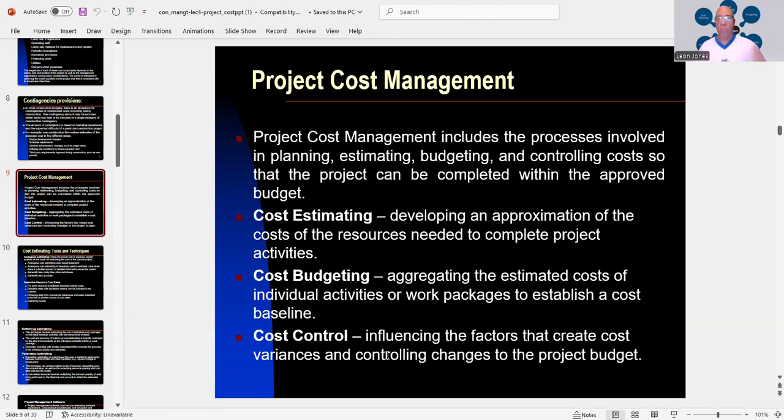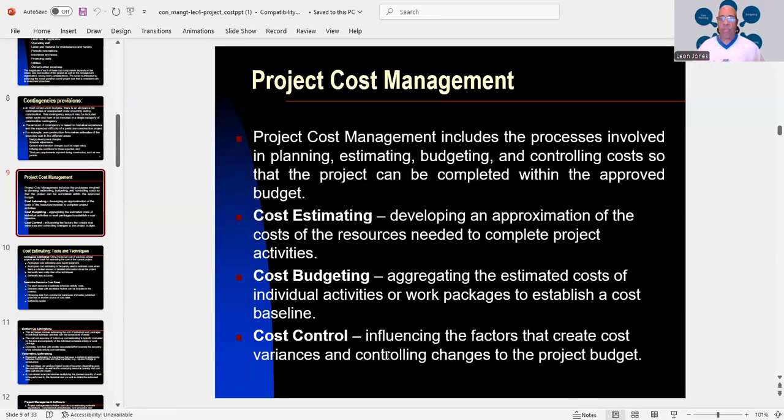And we have cost budgeting. Again, cost budgeting means we aggregate the estimated cost of individual activities or work packages to establish a cost baseline. And then we deal with cost control.